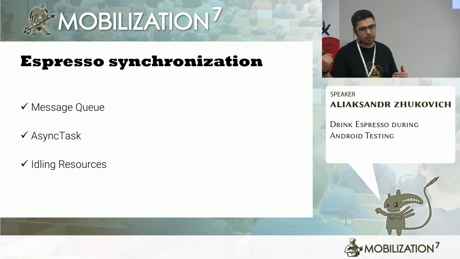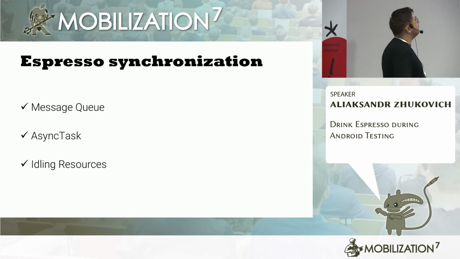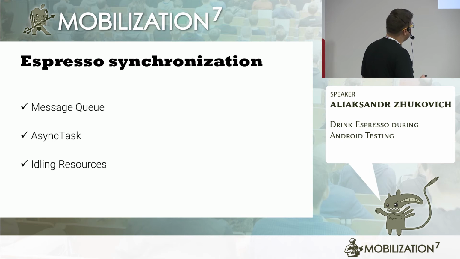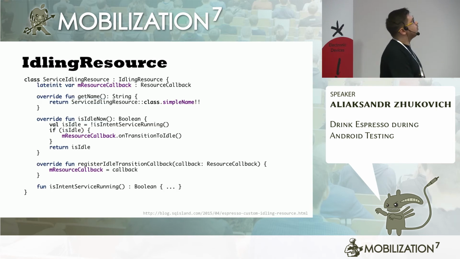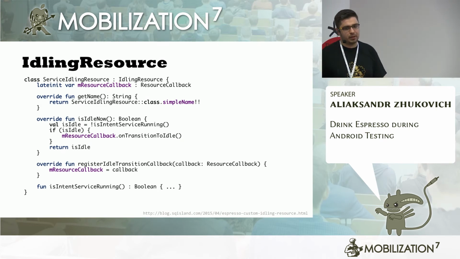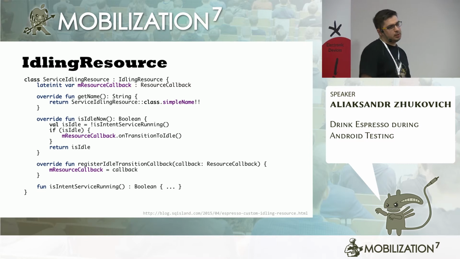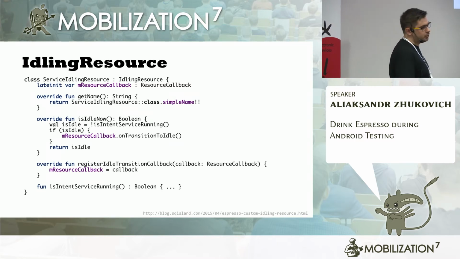we can get different objects from another application which works in a different process, and in this way we can create something like an idling resource. An idling resource is a mechanism which allows you to wait for some event. In Espresso, we have two basic implementations of idling resources.